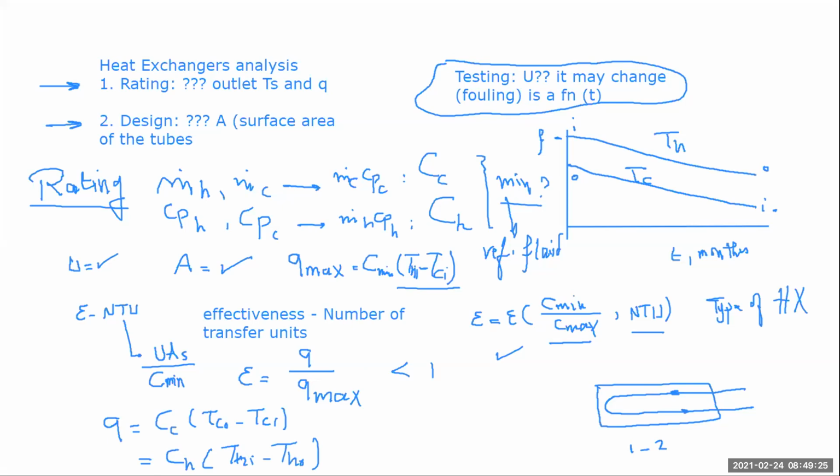Rating, again, is performance evaluation where we know the flow rates, specific heat, area, and overall heat transfer coefficient, and we are looking for the outlet temperatures and Q. If you know the effectiveness from the correlations, and you know the Q maximum by definition, then you can get Q. Once you get Q, and you know the value of C, and you know the inlet temperatures, then you can determine the outlet temperatures. So that's for rating.